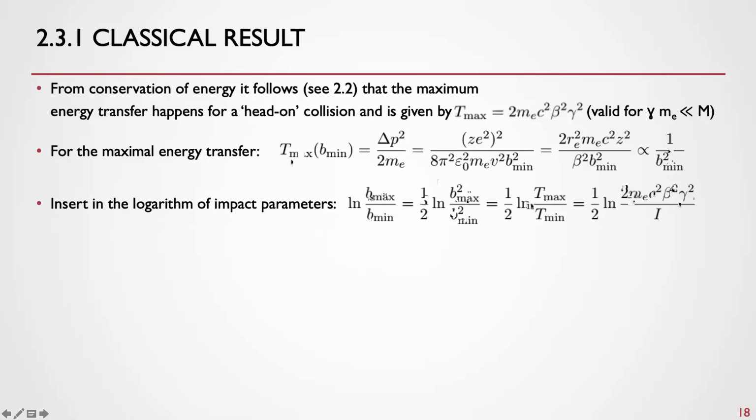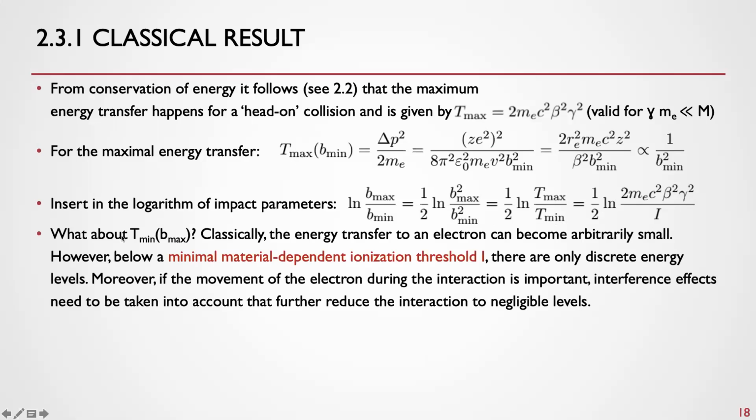That's the maximum energy transfer. It happens if the heavy particle hits the electron head-on. The other question is, what happens to the minimum energy transfer? What's the minimum energy transfer? And here we cannot do a classical calculation, because classically the energy transfer to an electron can become arbitrarily small.